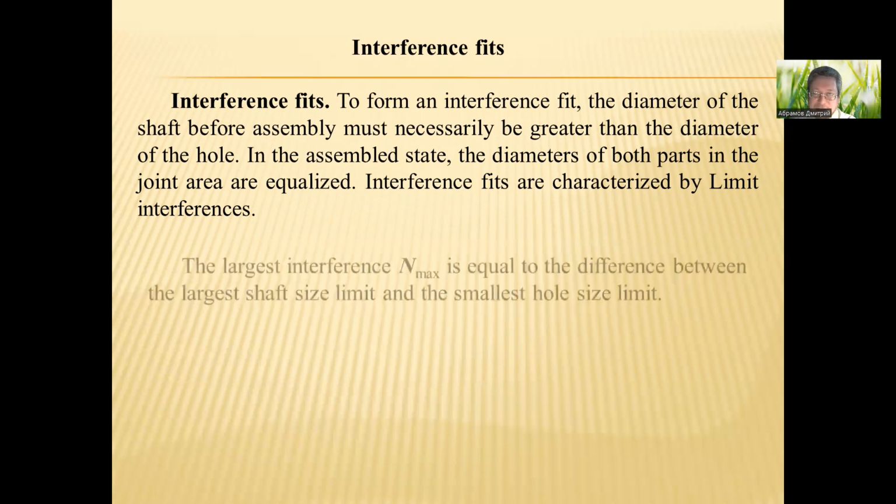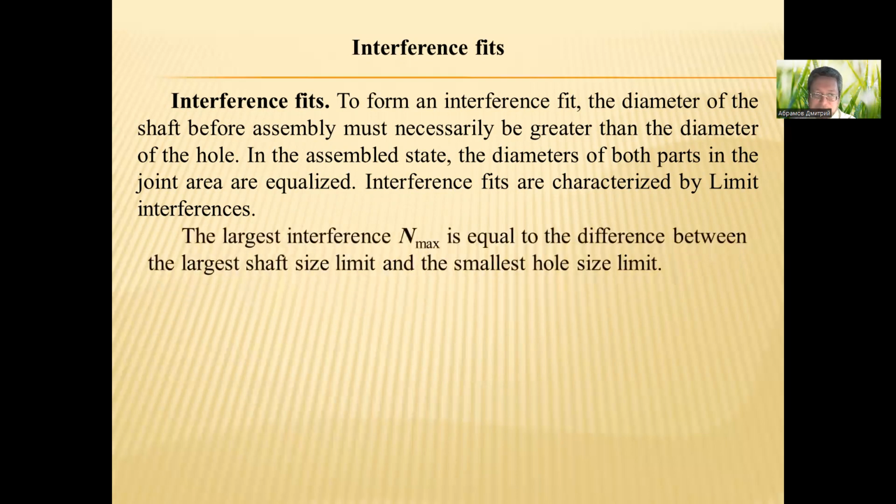Interference fits are characterized by limit interferences. The largest interference, N suffix maximum, is equal to the difference between the largest shaft size limit and the smallest hole size limit.